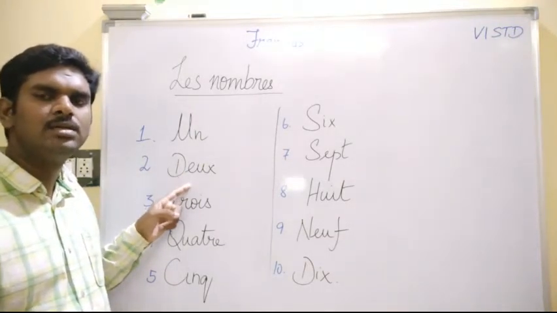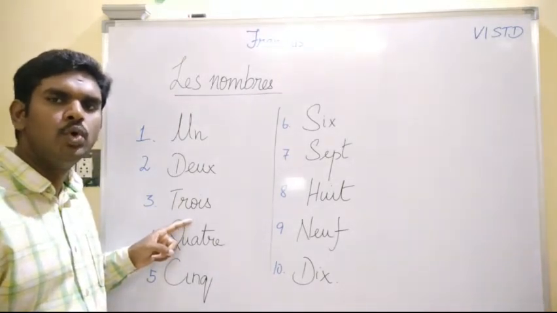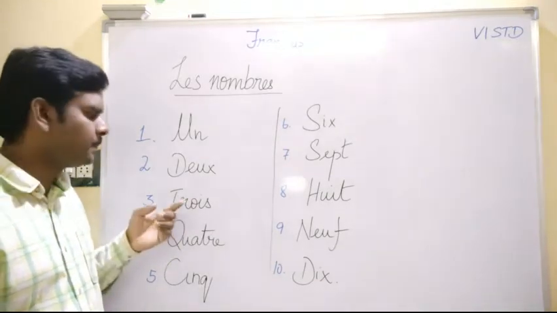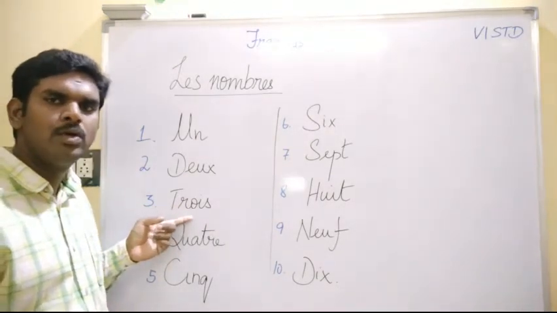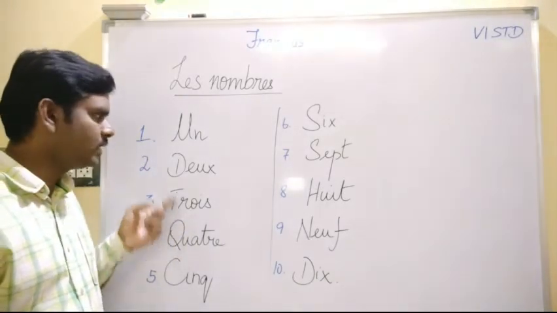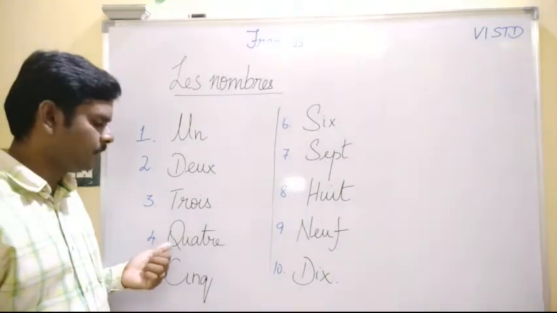Trois. T, R, O, I, S. Trois. Repeat. Un, deux, trois.